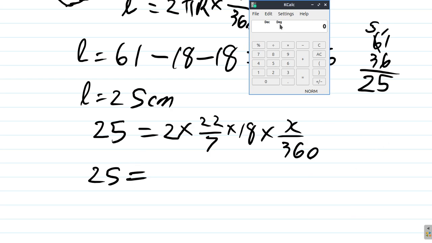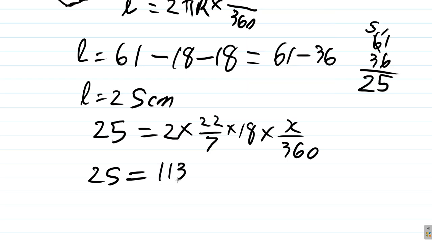So we have 2 multiplied by 22 divided by 7, multiplied by 18, equals 113.143. Let's keep it to at least 3 decimal places while we're working. Multiplied by x over 360.